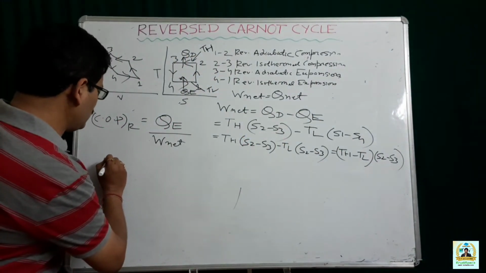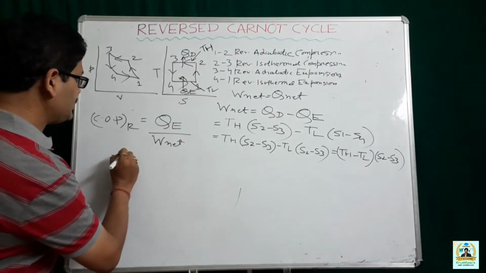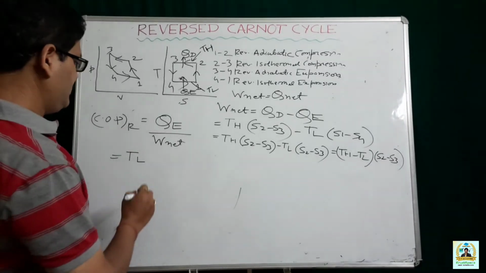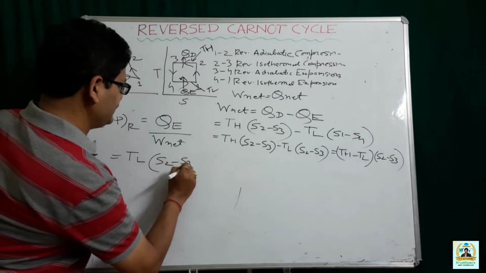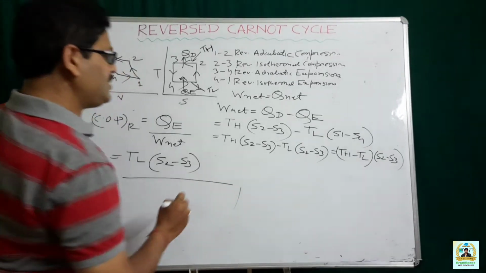So that will be equal to QE, as you all know, is TL multiplied by S2 minus S3. Then what is W net?